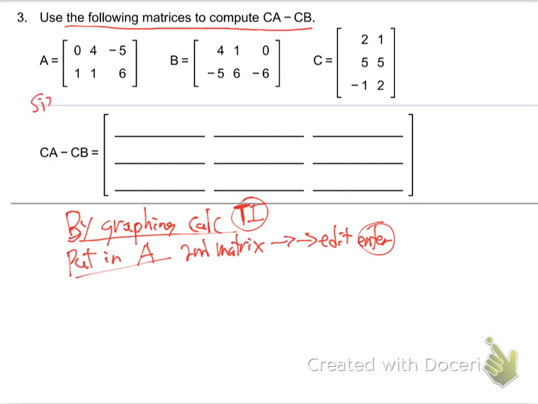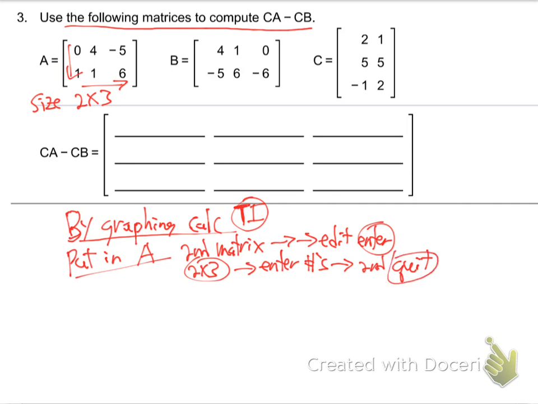Remember the size of this matrix? It's 2 by 3, because remember you go down first and then across. You put in 2 by 3, and then you enter the numbers, and then you hit second quit. Once you entered matrix A, you got to quit.